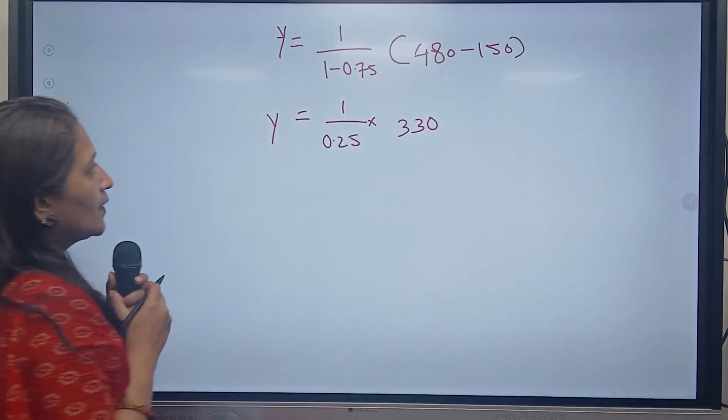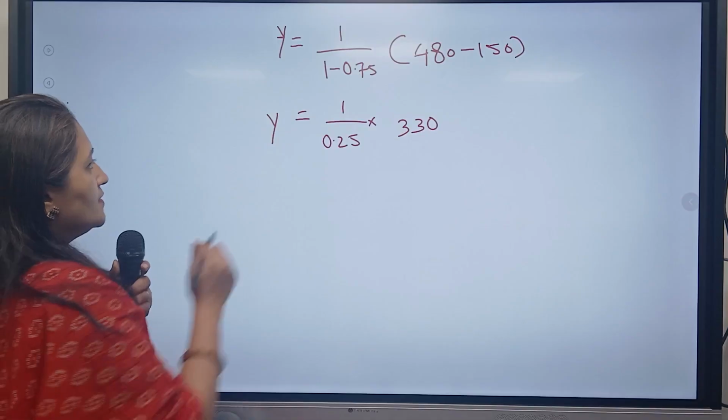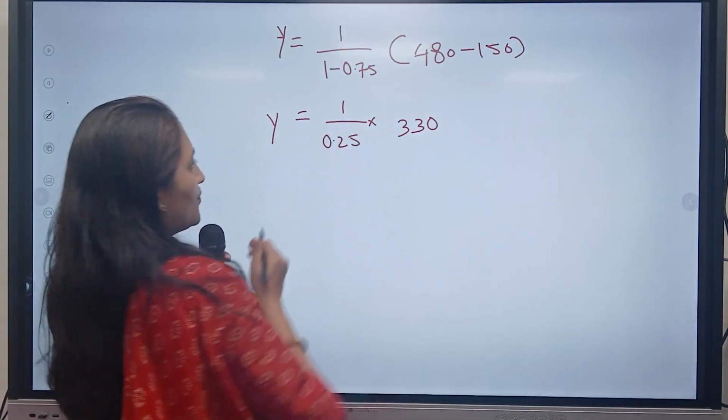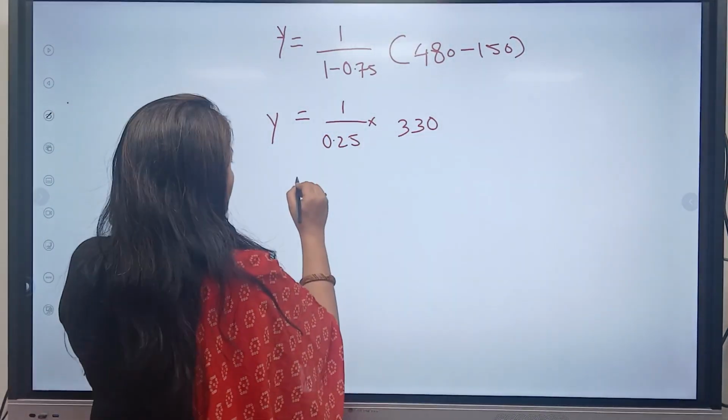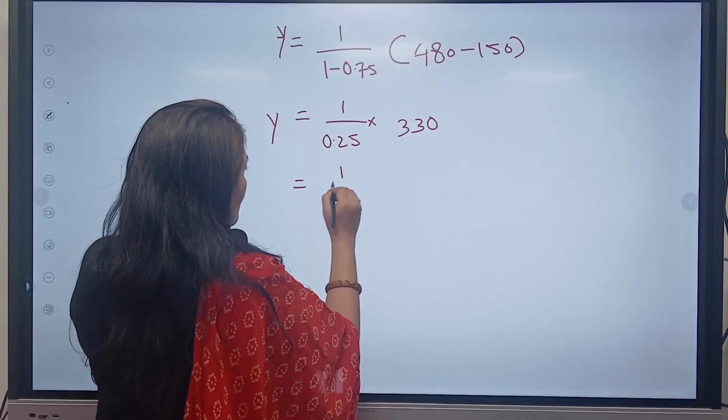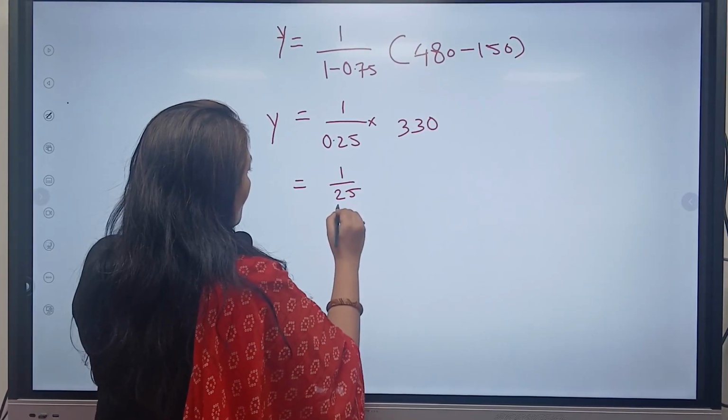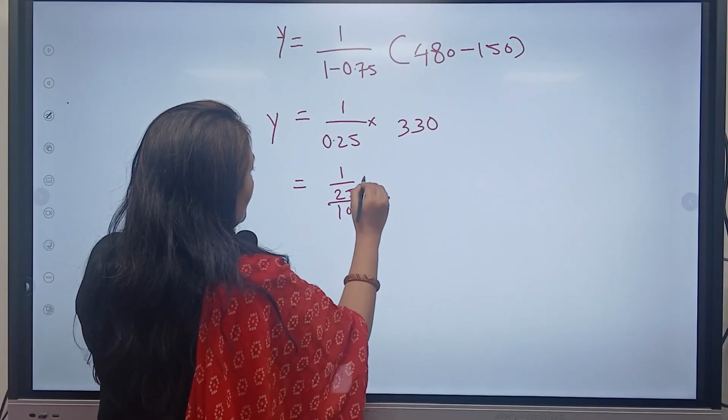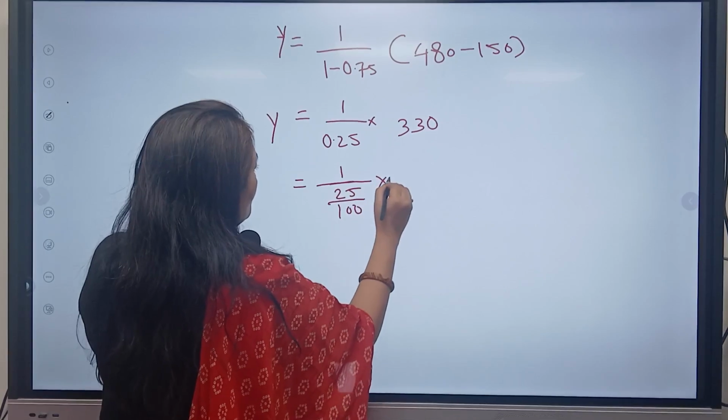Income of the country is given by 1 upon 0.25 into 330. Now let's solve this. 1 upon 25 upon 100 into 330.